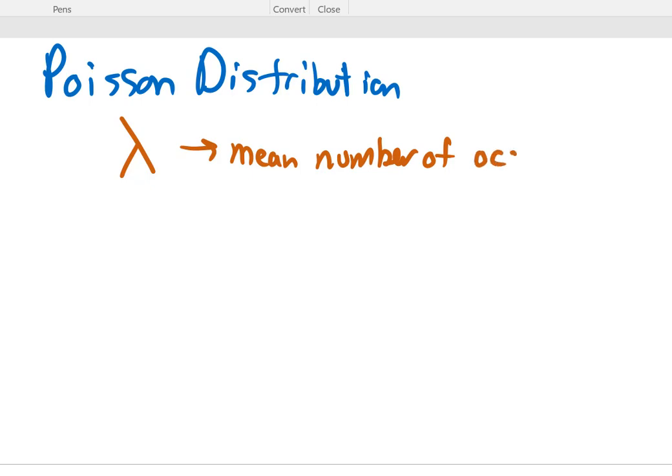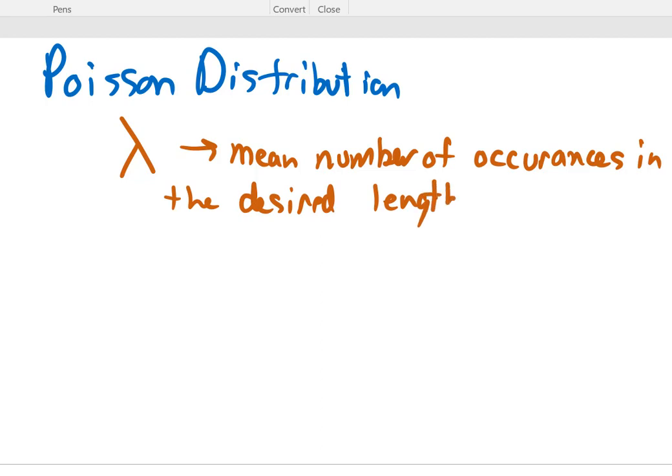So the mean number of occurrences in the desired length of time. In other words, the expected value in that period of time. And then r is the desired number of occurrences.